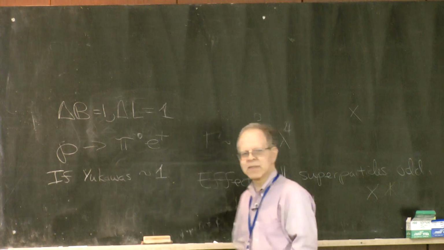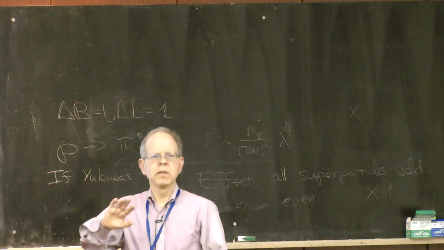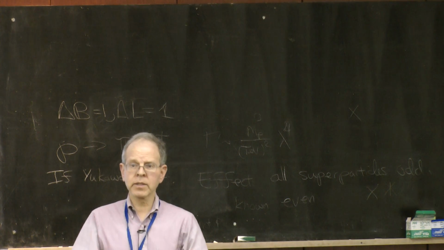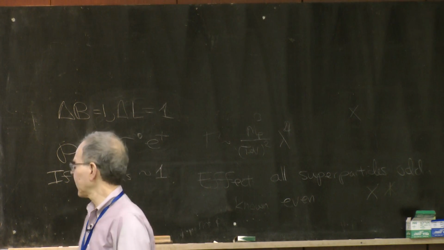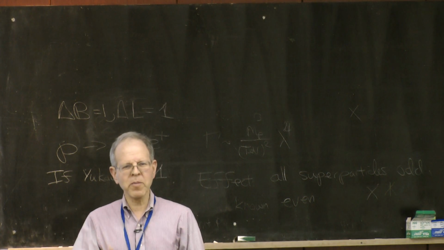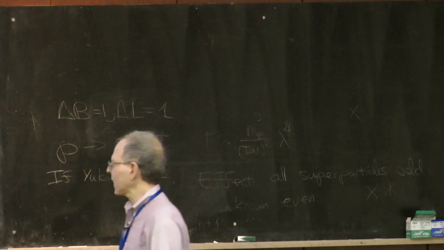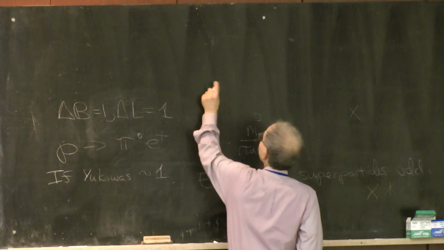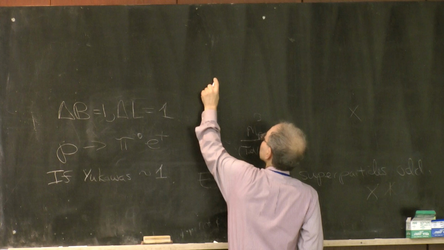Now that's kind of funny because here I just distinguished the Higgses and the quarks and leptons. So why do I speak of the fermions and the bosons? Well, I can always combine this symmetry with a rotation by 360 degrees, not 180.